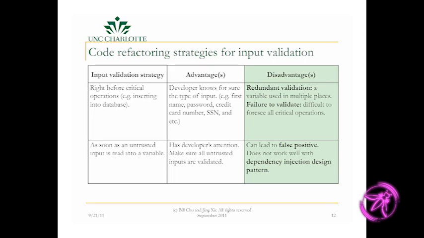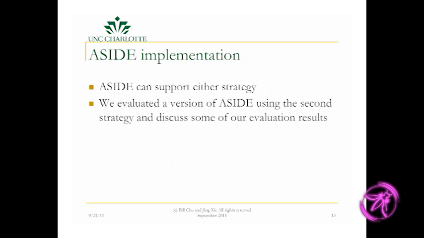So Aside really can handle both strategies, all right? We have experimented with different versions looking at different things. And we've done some evaluations of Aside for the refactoring part against an open source project using Fortify as our benchmark.